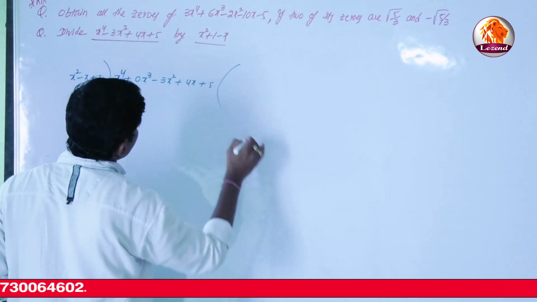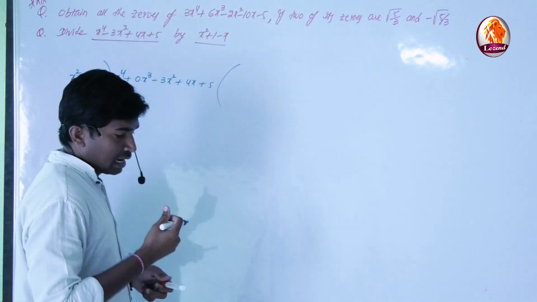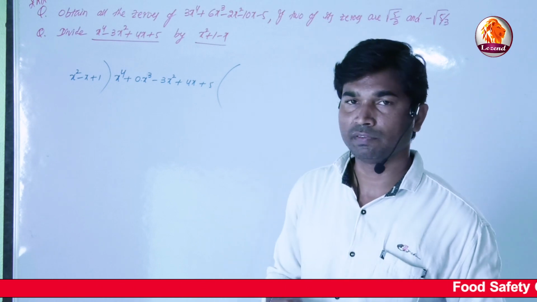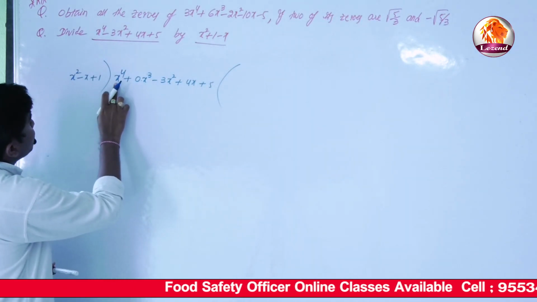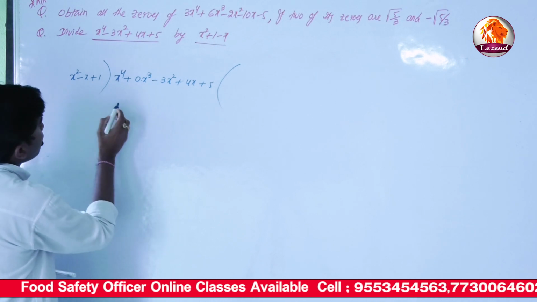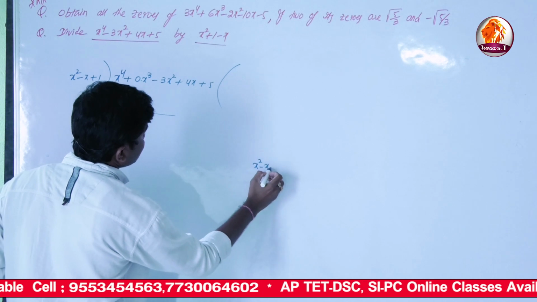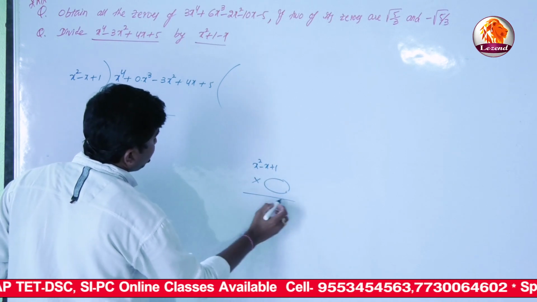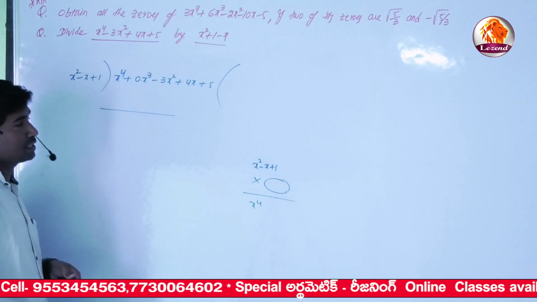Now we will go for the long division process. The long division process is the same as the normal long division method using numerals. Now our target is to remove the x power 4. As rough work: x square minus x plus 1 into what should be multiplied to x square to get x power 4, the first term?